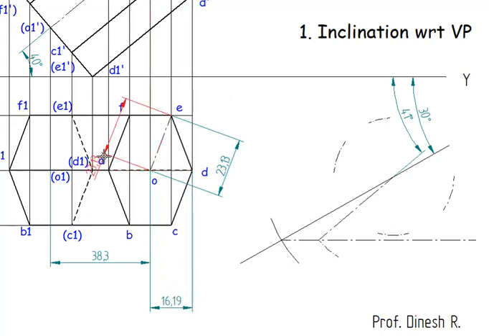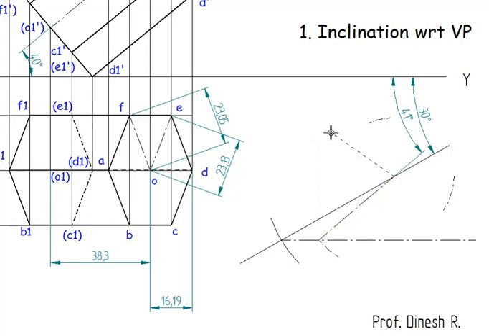From this point to this point will also be the same. Now I need to find this distance also. It is going to be uniform only if it is 45 degrees, otherwise this distance is going to be different, which is 23.05. So I'll go for an arc by center point.